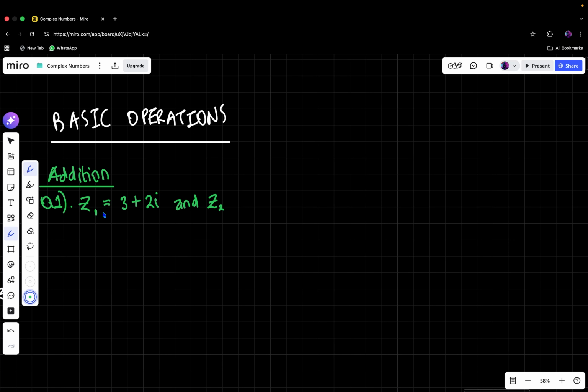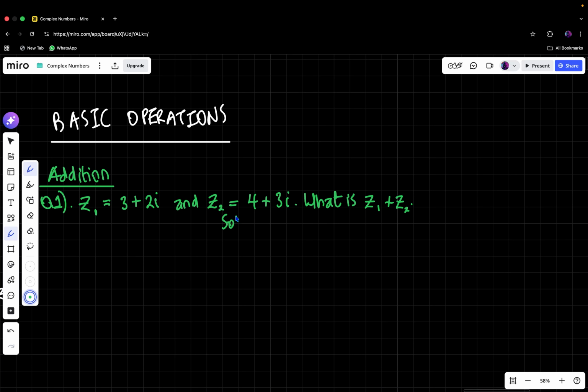It doesn't matter whether they give you 1 and 2, it just means these are two separate complex numbers. And they say z2 is equal to 4 plus 3i. It will tell you to add. What is z1 plus z2?